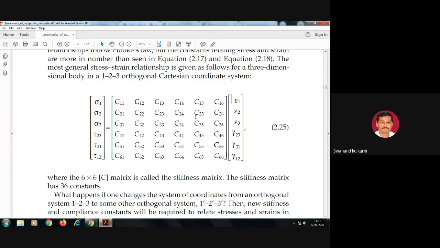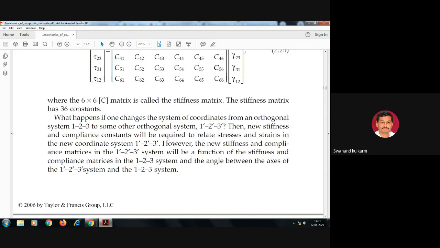That is why the correlation of this E is given with this particular matrix, represented by C11 to C16. All these elements are representative of the stiffness matrix. So stress is equal to a matrix into strain, and this matrix is called the stiffness matrix.